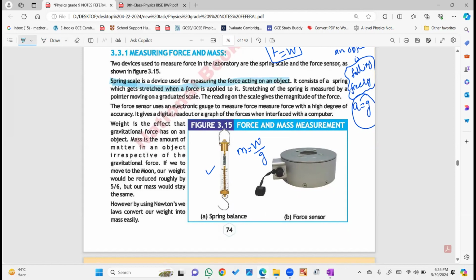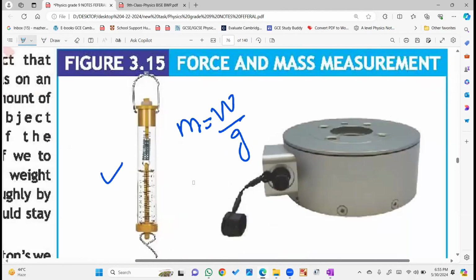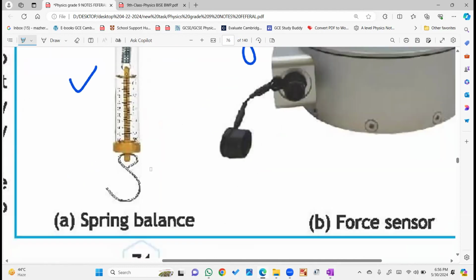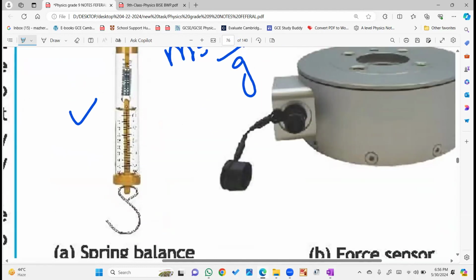It consists of a spring which stretches when a force is applied to it. Stretching of the spring is a measure. Moving on, you could see here, the diagram is really blurry, but when you hang something onto the object, the spring gets stretched and this pointer moves on the scale. From that value, we get the force value.